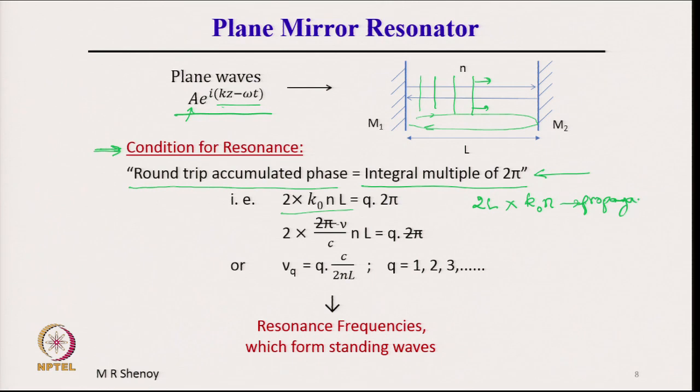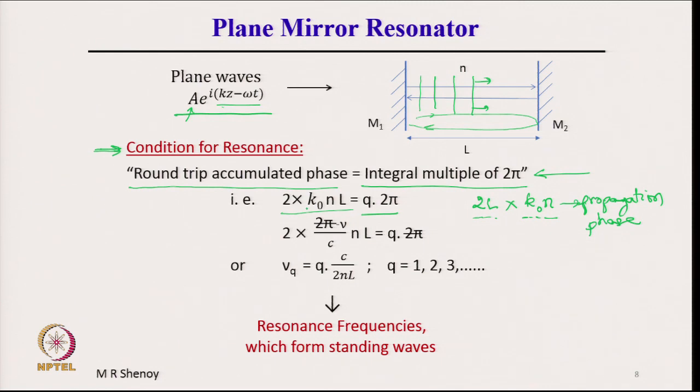In propagating through one round trip, the propagation phase is the propagation distance multiplied by the propagation constant k0 n. k0 is the phase constant of free space and n is the refractive index. So, twice k0 nL is equal to an integral multiple, q an integer, of 2 pi.